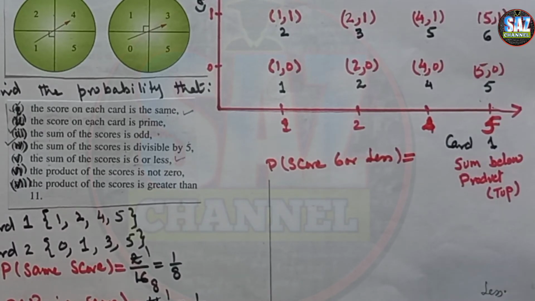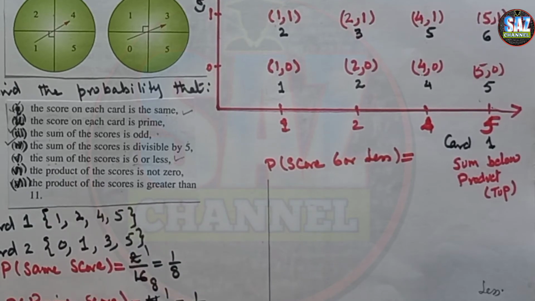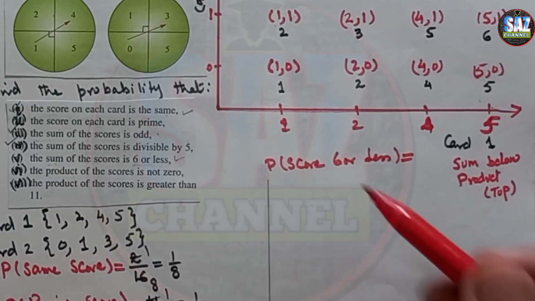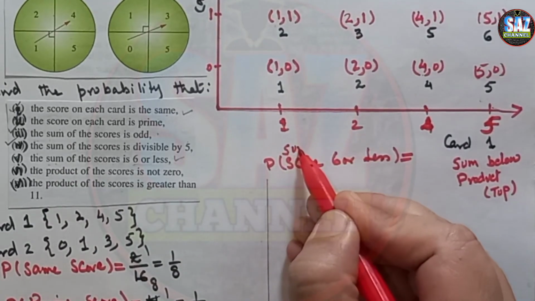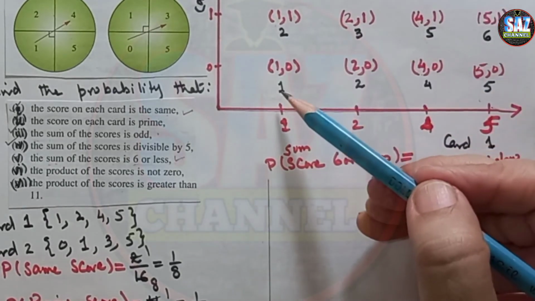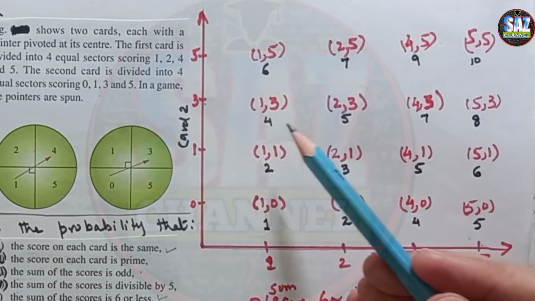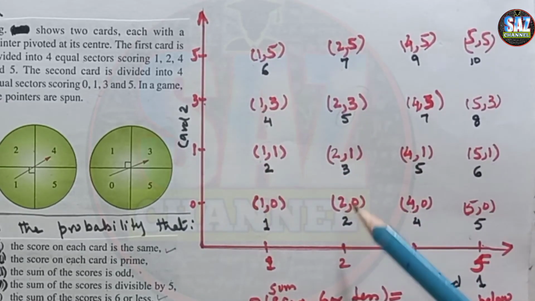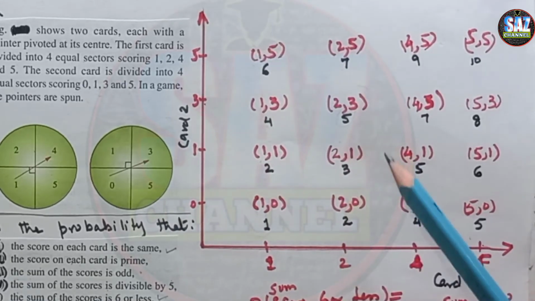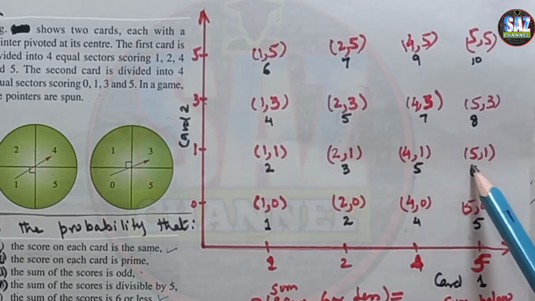Now how many times are we getting the sum of the scores 6 or less? 1, 2, 3, 4, 5, 6, 7, 8, 9, 10, 11.